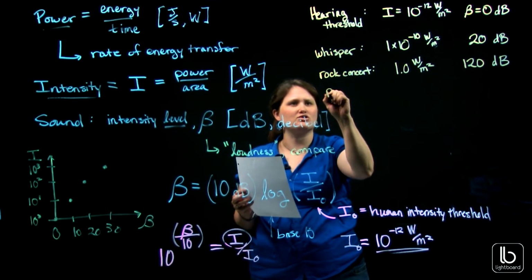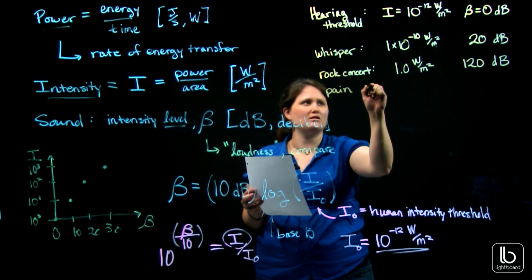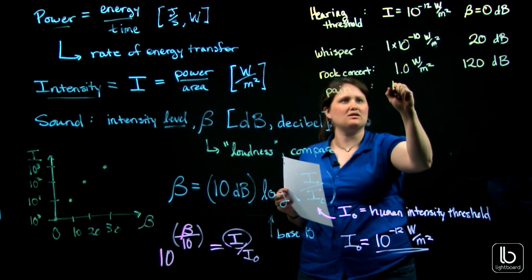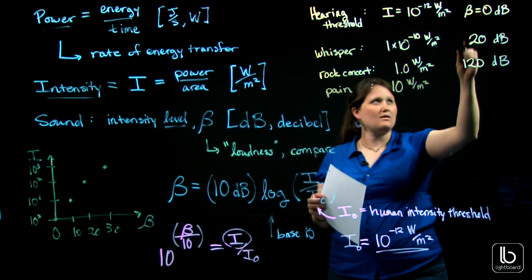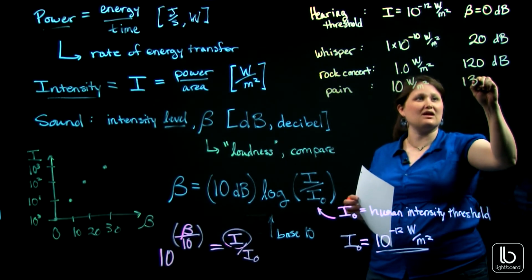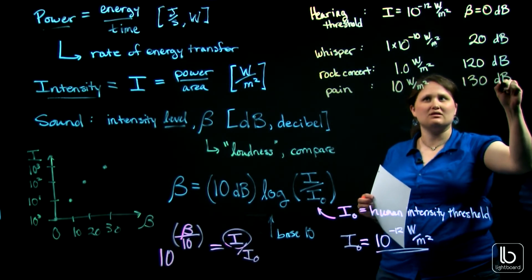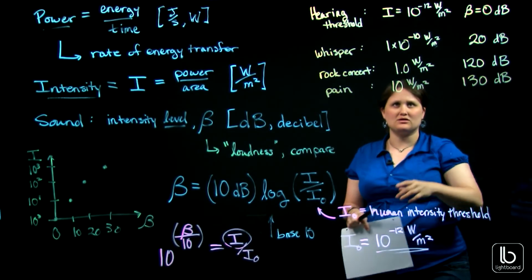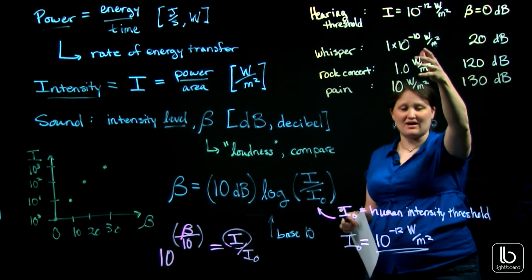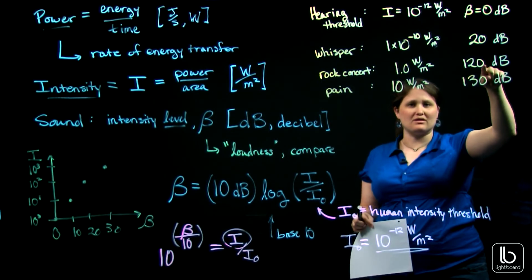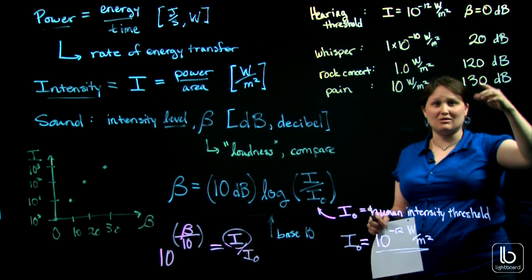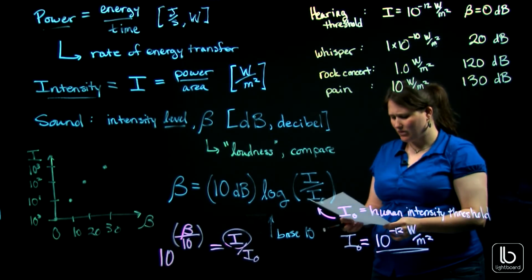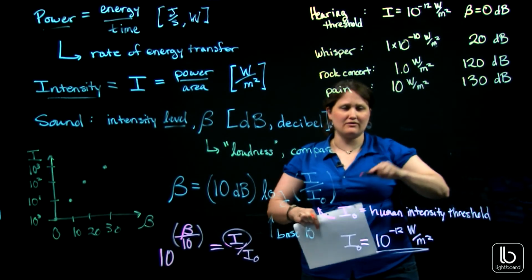The pain threshold, for humans anyway, is 10 watts per meter squared, and that's sitting at 130 decibels. So notice my intensity went up by a factor of 10, but my loudness level, my intensity level, only went up by 10 decibels. So something to kind of consider.